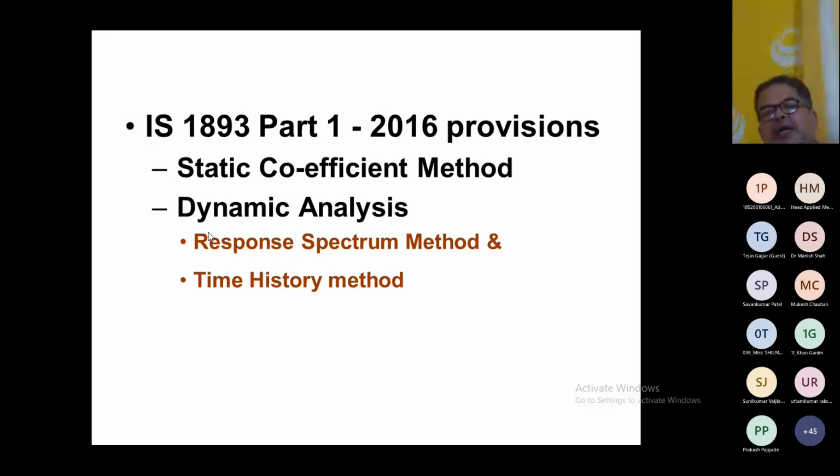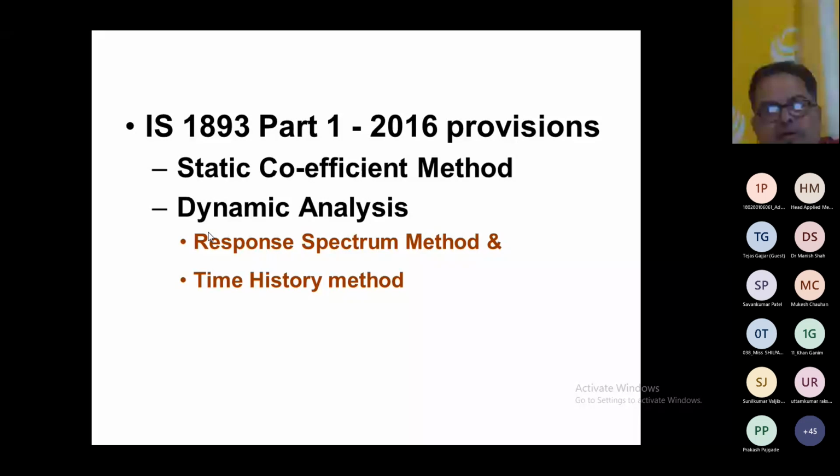So IS 1893 Part 1 2016 says that you can perform two types of analysis: the static coefficient method, or dynamic analysis, and in dynamic analysis we have different methods: response spectrum, modal analysis, time history analysis. But the code has actually included two methods: the response spectrum method and the time history method, right?